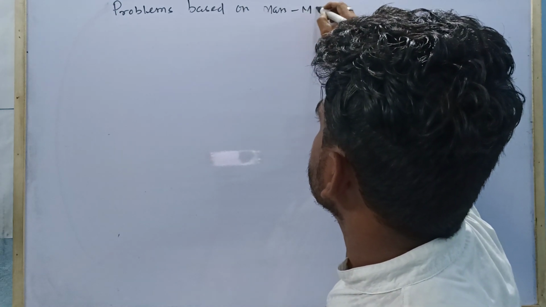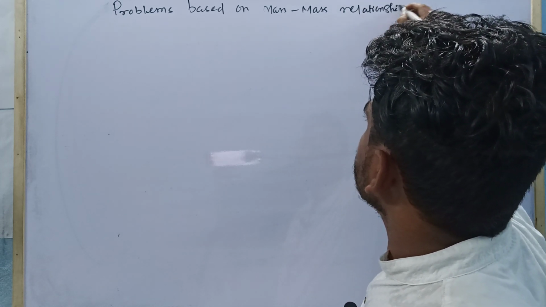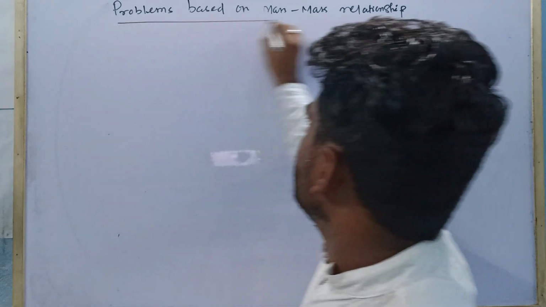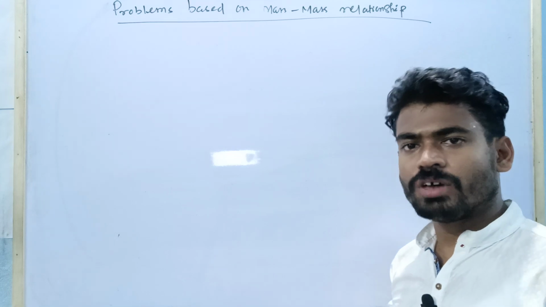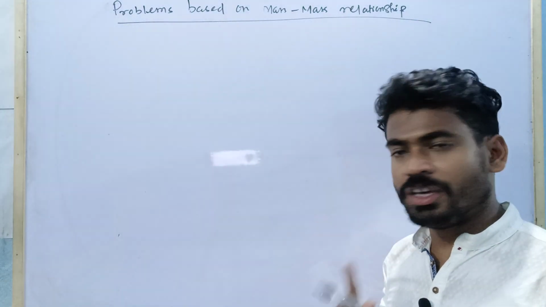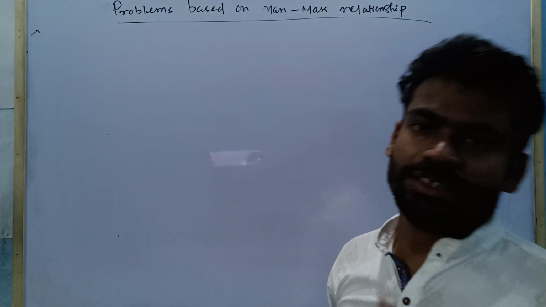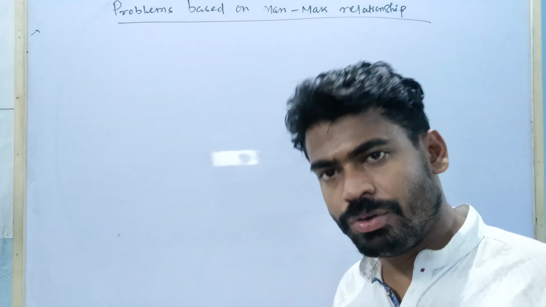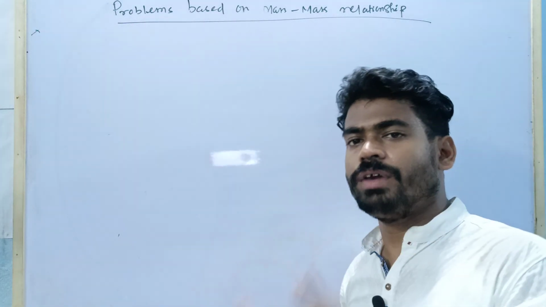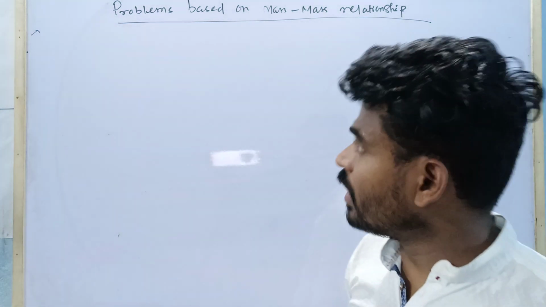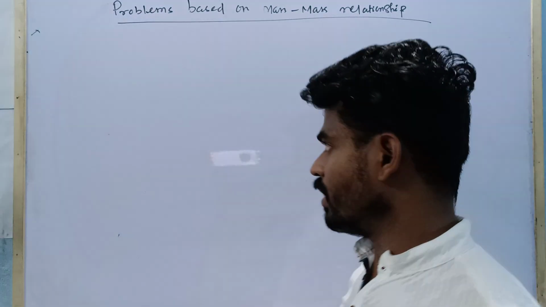Mass relationship means we should consider the mass of one species with the mass of another species. But the key point to remember is that first you have to write down the balanced chemical change, whether the chemical equation is given to you or you have to apply your own idea about what the products will be.